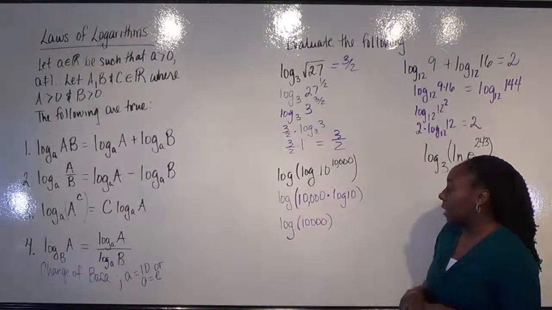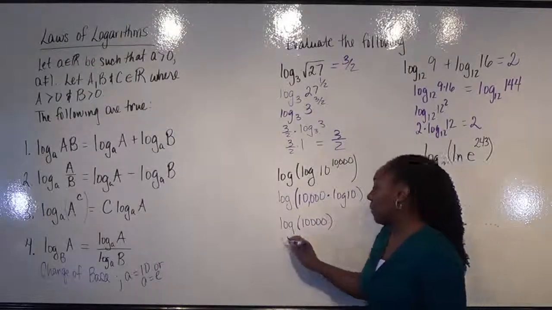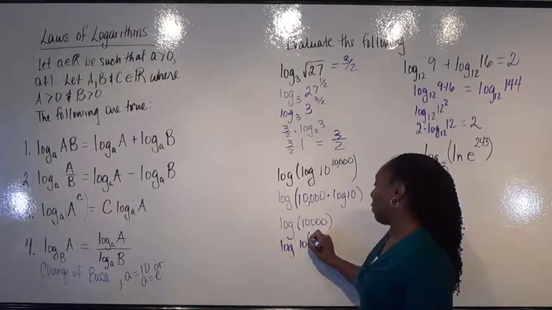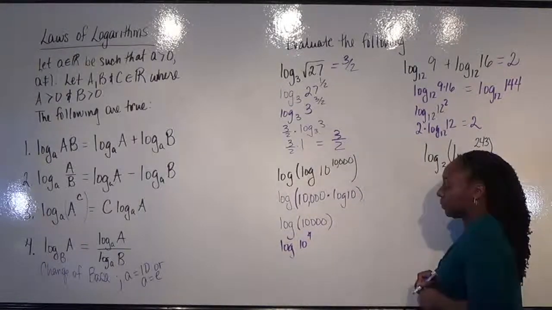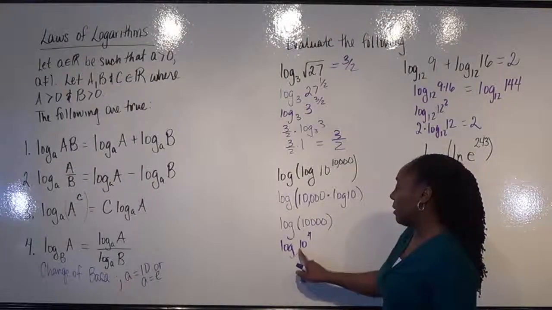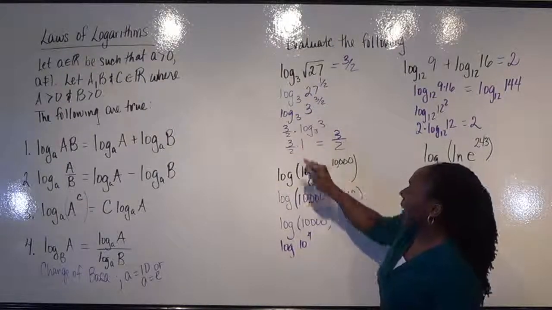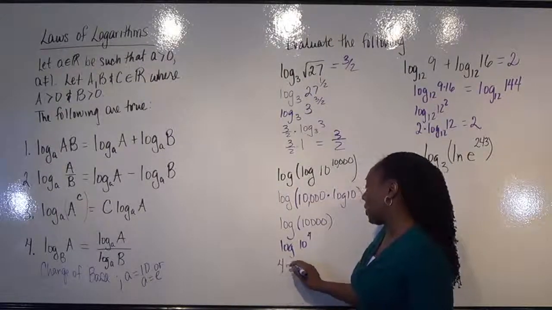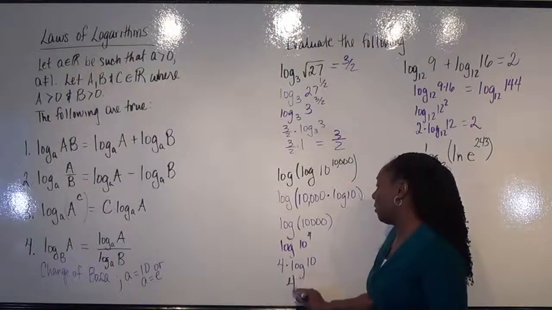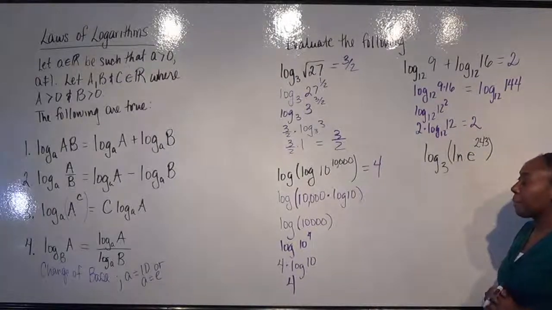To get that base 10, I can rewrite this as an exponential. This is 10 to the 4th power. And so again, the base, even though it's not written there, is base 10, of 10 to the 4th, which again we can bring down as 4 times log of 10. And again, that log of 10 is just 1. So this one is just going to be 4.